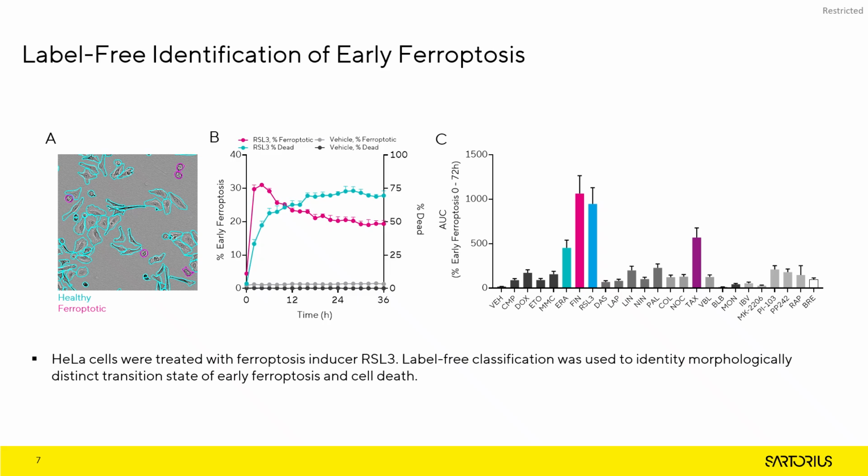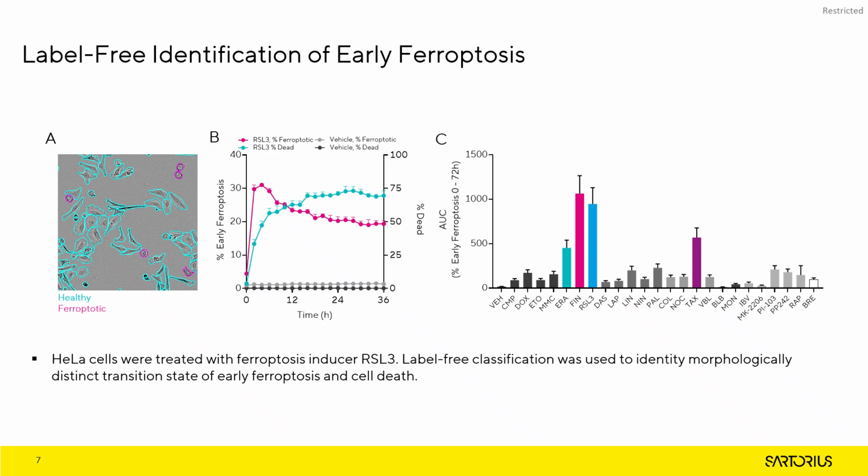So you've got a representative image on the left here at 6 hours post-treatment, and this shows label-free segmentation and classification of the healthy cells shown in teal and the early ferroptosis cells in magenta. And this shows how we can really identify that early morphology.